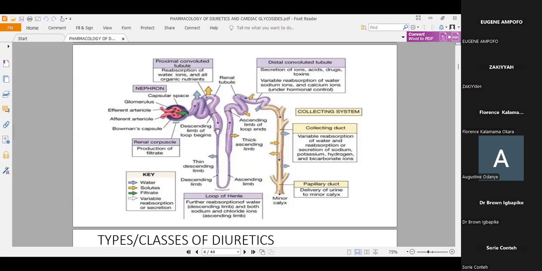Then from there, descending, we have the thick descending limb of the loop of Henle, and then the thin descending limb, followed by the ascending limb, and then the thick ascending limb. This is the distal convoluted tubule and collecting system, the collecting ducts, before it finally goes into the papillary duct.